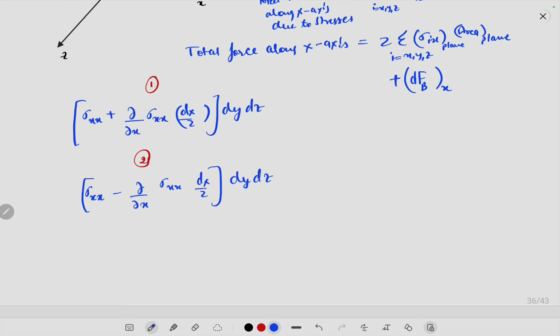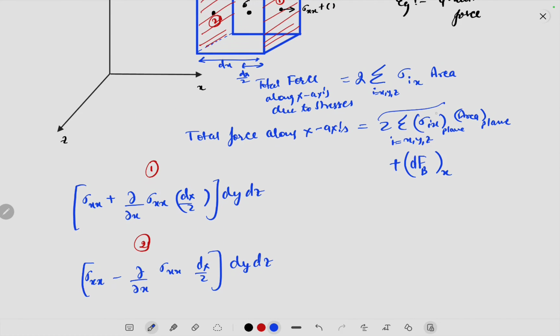Correct. So let me define it with some other color. Let's define this as the total surface force along x-axis. Let's call the other the total body force along x-axis.